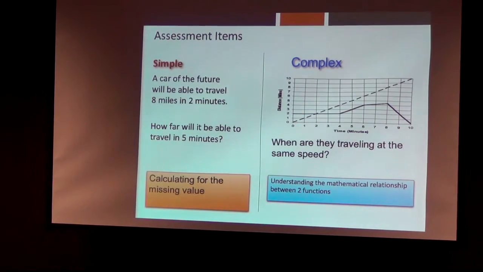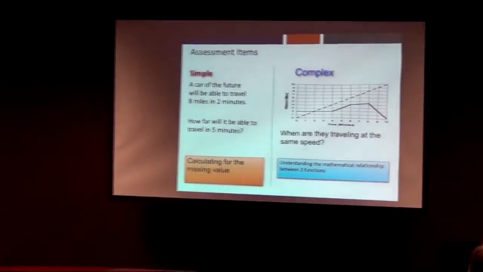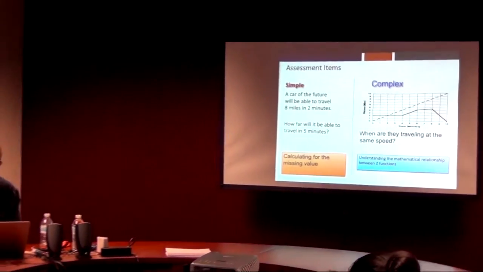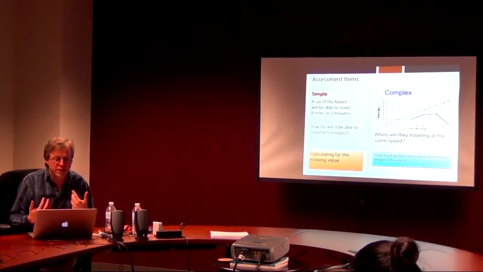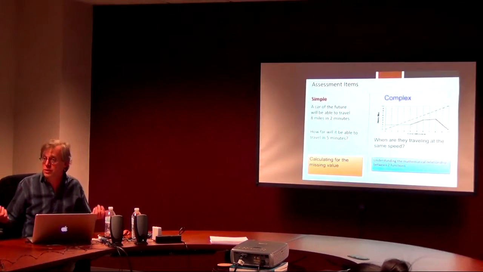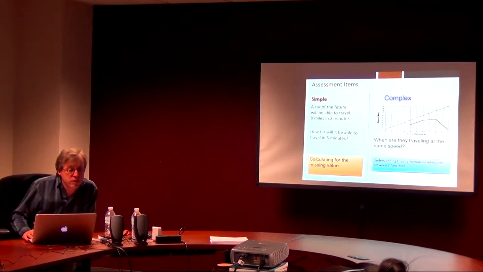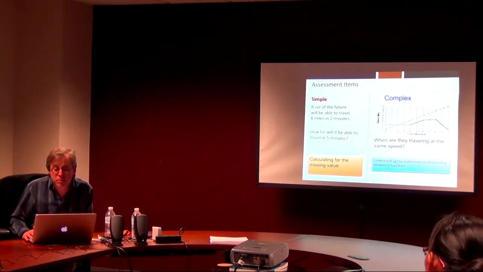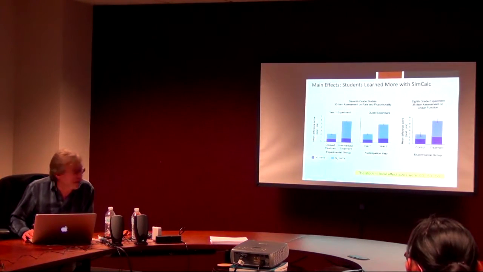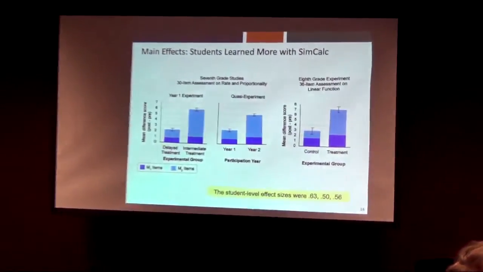Also, in simple proportionality we could have reading one value in a graph or a table, versus in complex items, we often have them make comparisons across representations. We very cleverly call the simple ones M1 for math 1 and the complex ones M2. So when you see a graph like this, you see M1 and M2 at the bottom. M1 is the simple math and M2 is the more complex math.